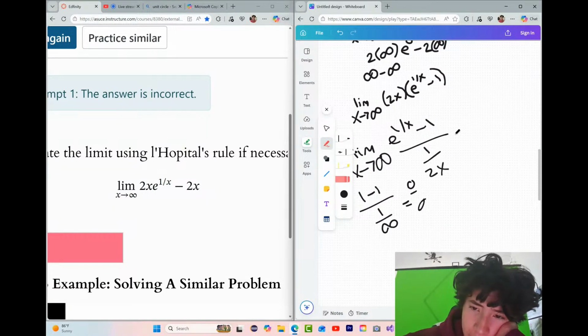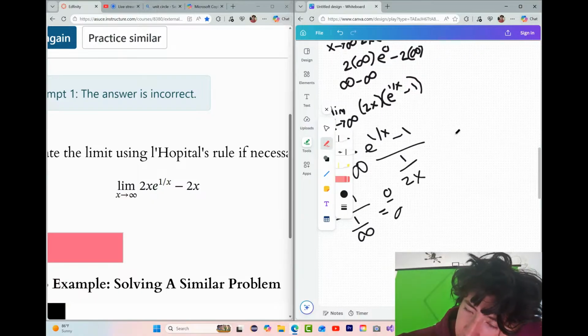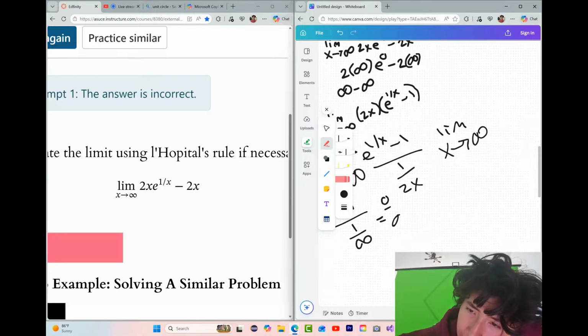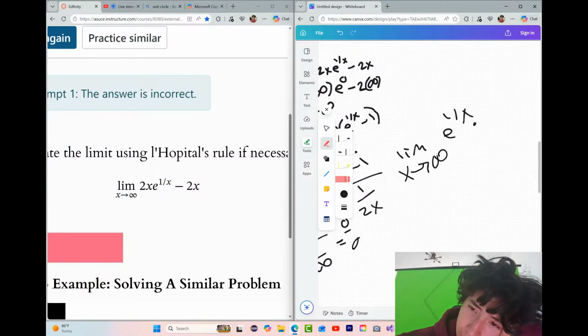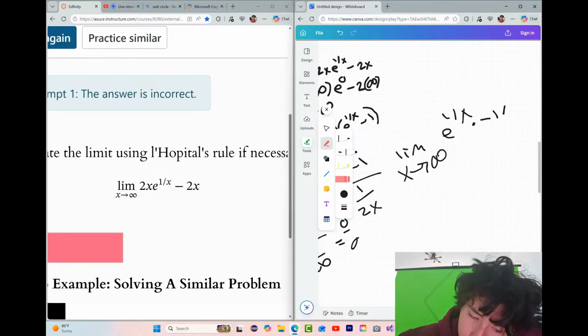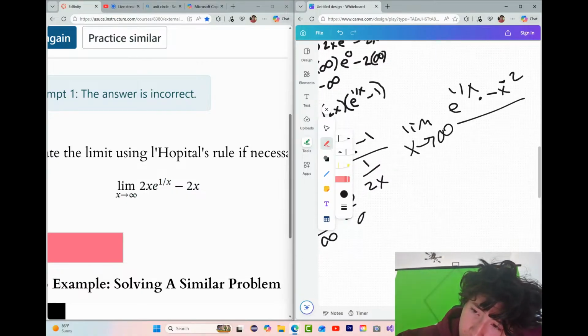So we take the derivative of both sides, and that's going to equal to times over, and the derivative of 1 over 2x is going to be, so we have 1 over 2x prime.